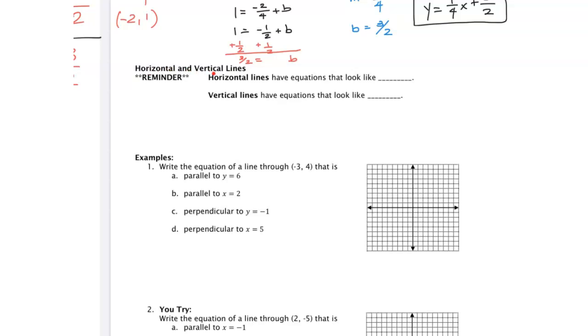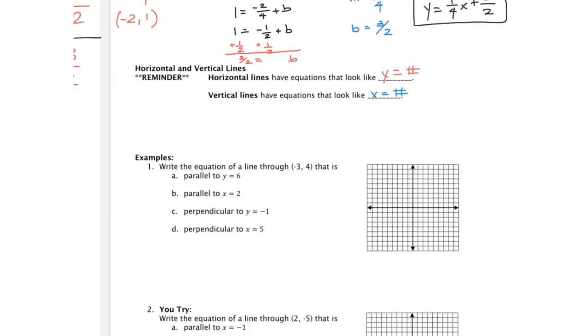All right, so the very last part of our lesson will be to talk about two special lines, horizontal lines as well as vertical lines. As a reminder, horizontal lines have equations that look like y equals some number. Vertical lines have equations that look like x equals some number. The number that's filled in for our horizontal lines is the y value, in other words, our y-intercept.